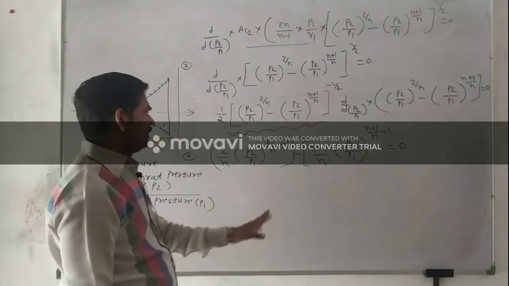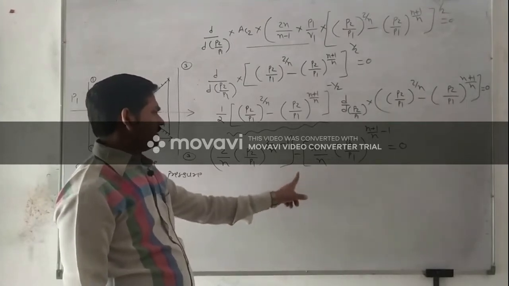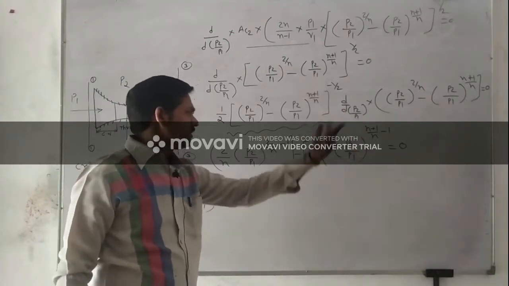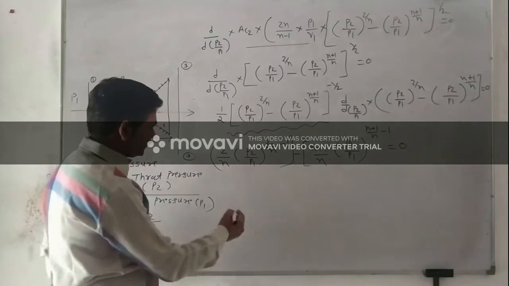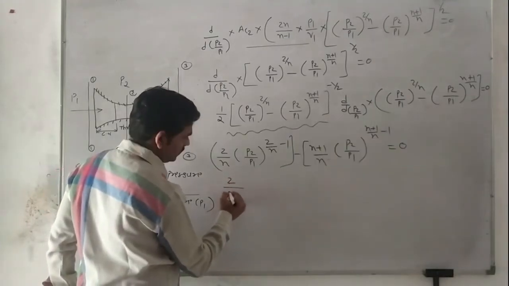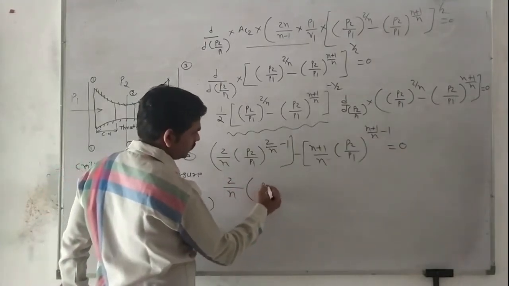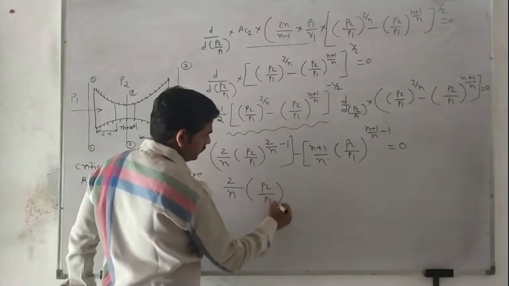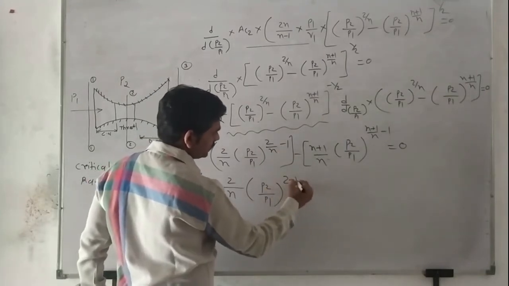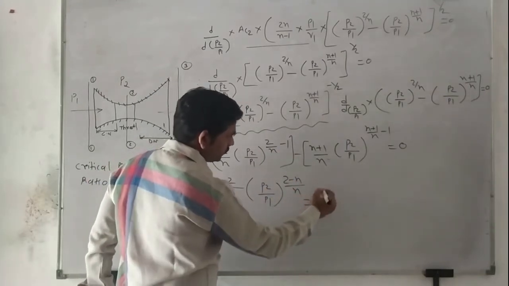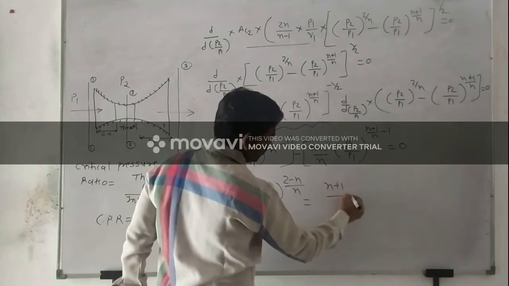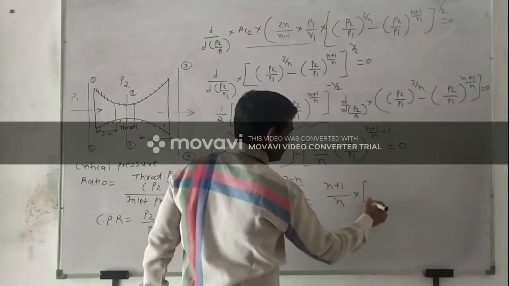Right? Then after that, this equation is very easy. Then we have to shift this term in the equation. Minus becomes plus. So what is? 2 upon n (P2 upon P1), we have to solve here. So 2 minus n upon n is equal to what is? n plus 1 upon n into here is what is?